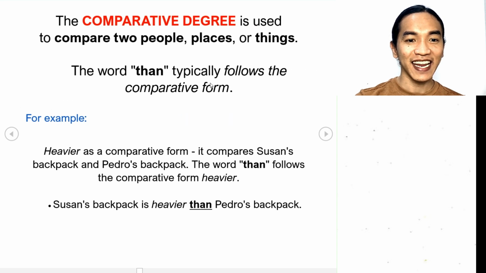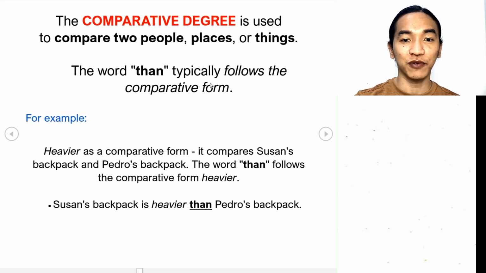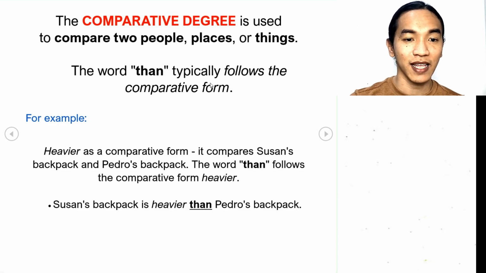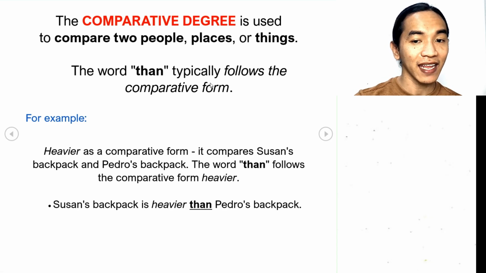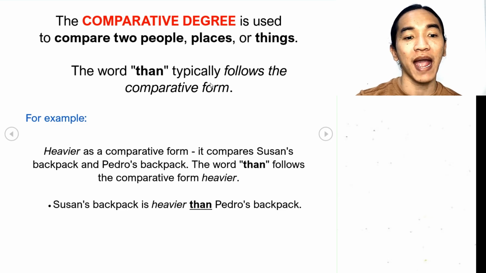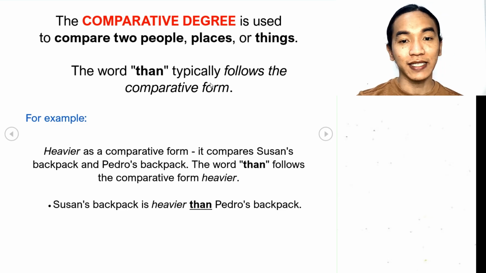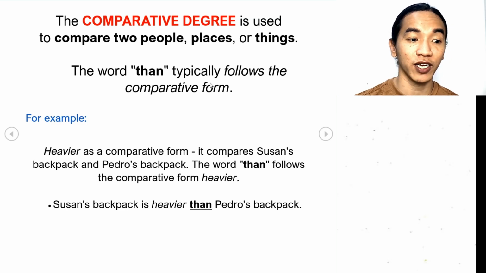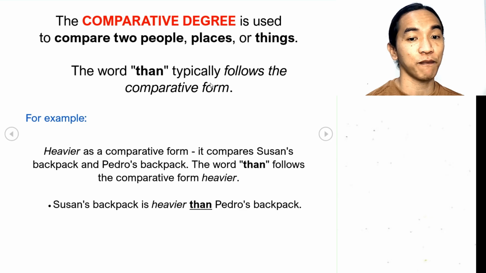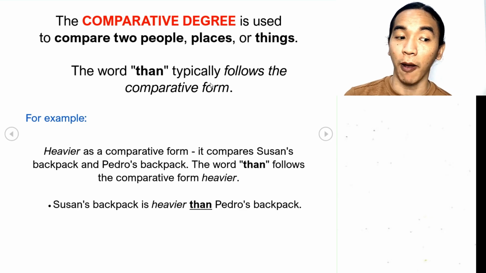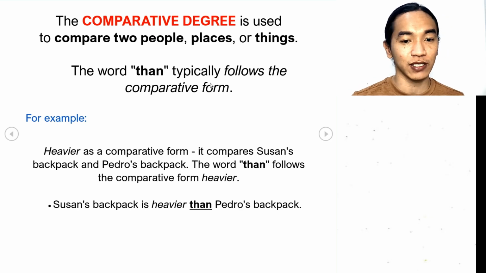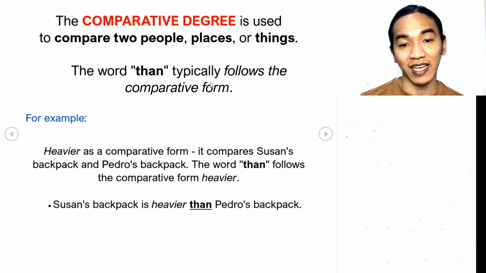Next one. The comparative degree is used to compare two people, places, or things. The word than typically follows the comparative form. When you are comparing two things, places, or people, then we use the comparative form of the adjective, and normally we use the word than with these words.